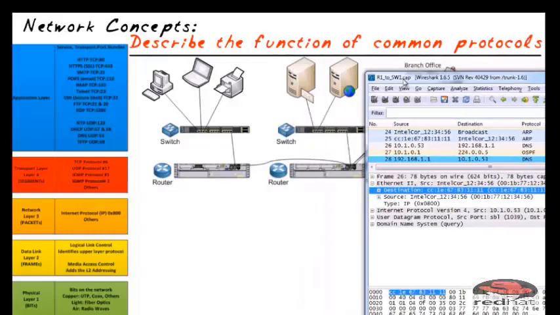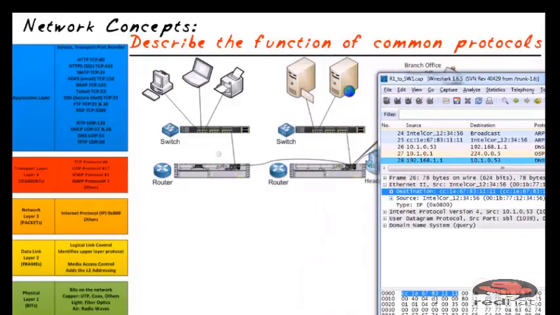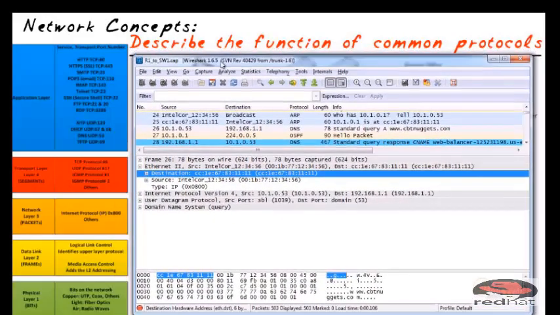And when the router sends it off to this router, he'll strip off the old layer 2, re-encapsulate a new layer 2, and the next destination layer 2 address will be the actual this router with the source address of this router at layer 2. So the layer 2 addresses change on every hop as a packet is routed.